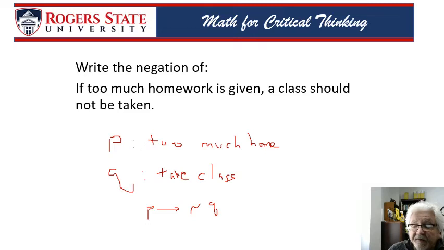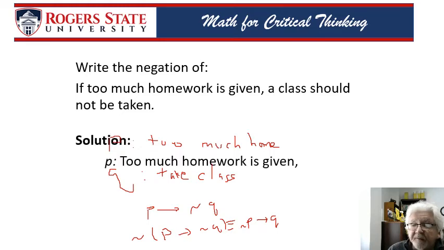Now, how do we write the negation of that? Okay, we can write not P implies not Q, which would be the same as writing not P implies Q. But if we use De Morgan's laws, we have a different way of looking at it.